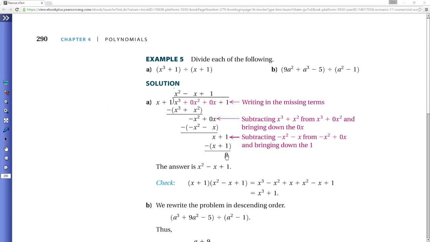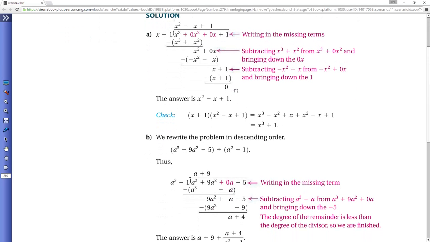So we have this new dividend. In this case, we end up with 1, and I multiply and subtract to get a remainder of 0. So with that check, basically I'd say plus 0 for remainder right here at the end.